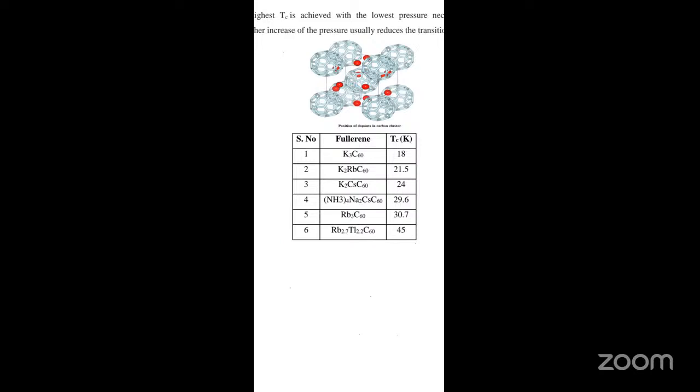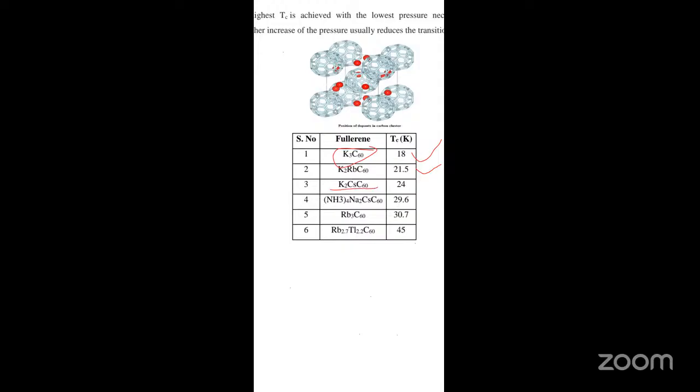C60 combined with potassium can show superconductivity at 18 Kelvin. In addition, if rubidium is added, the temperature increases to 21.5 Kelvin.